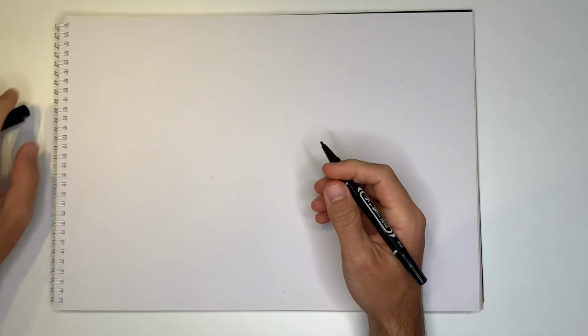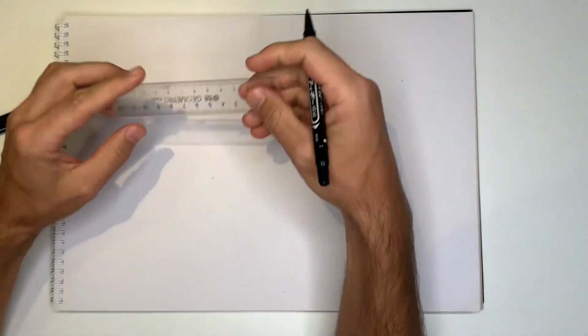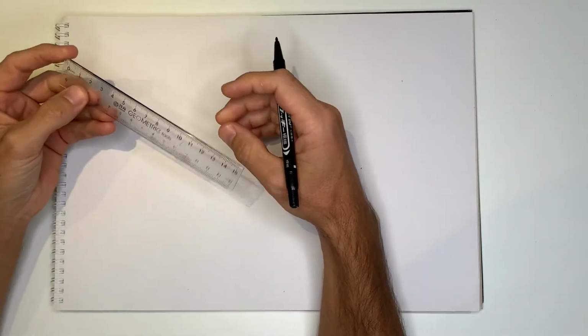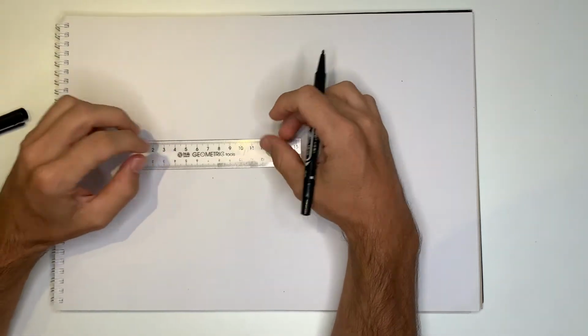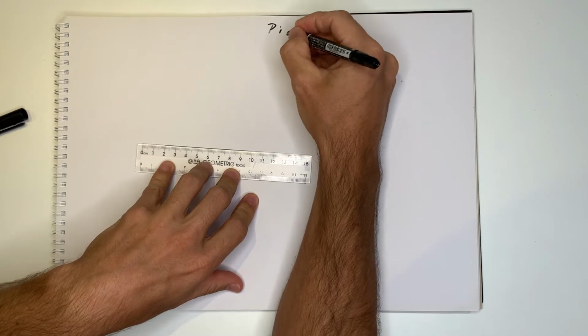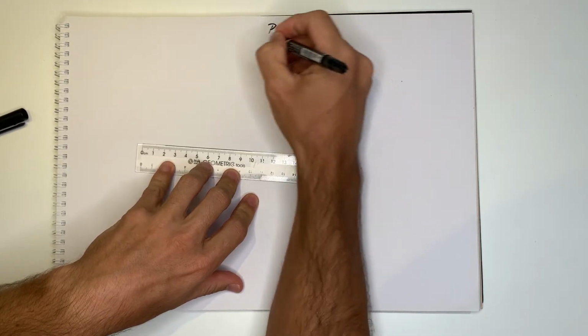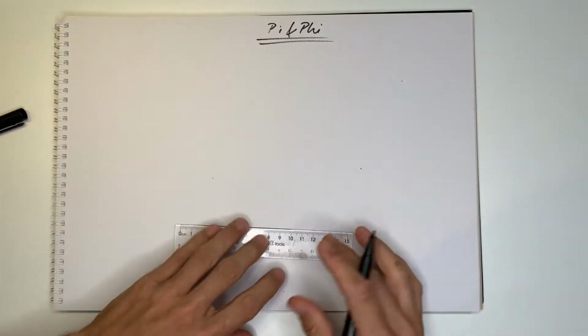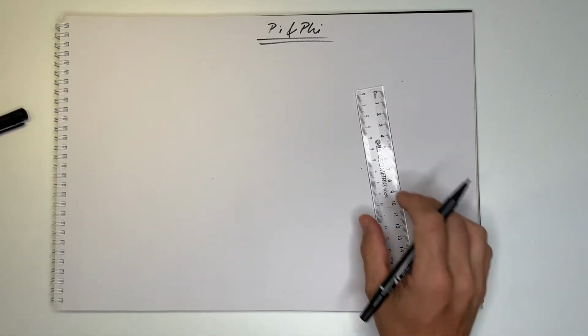Geometry lesson. Okay, I'm gonna start. Today I want to talk about pi and phi. How are these two numbers connected?